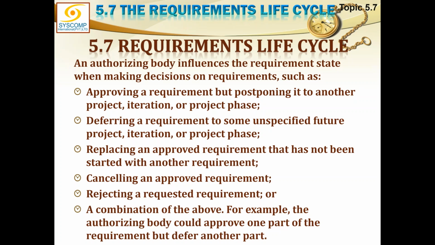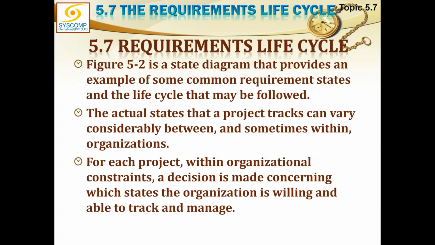For example, the authorizing body could approve one part of the requirement but defer another part. That is, that requirement probably has to be broken down into user stories. One part is approved, one is not.